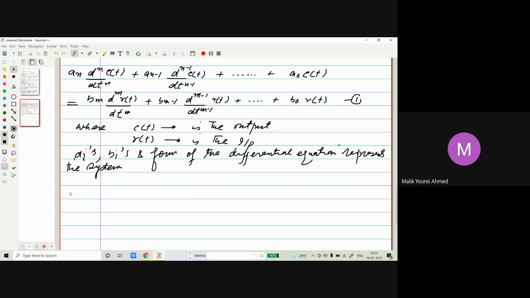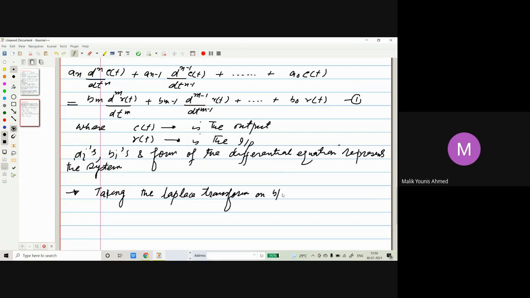Now let's take the Laplace transform, because the definition is the Laplace transform of response to driving function. Taking the Laplace transform on both sides.